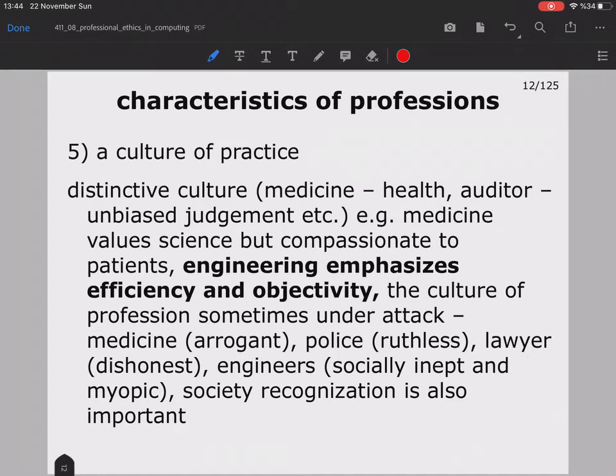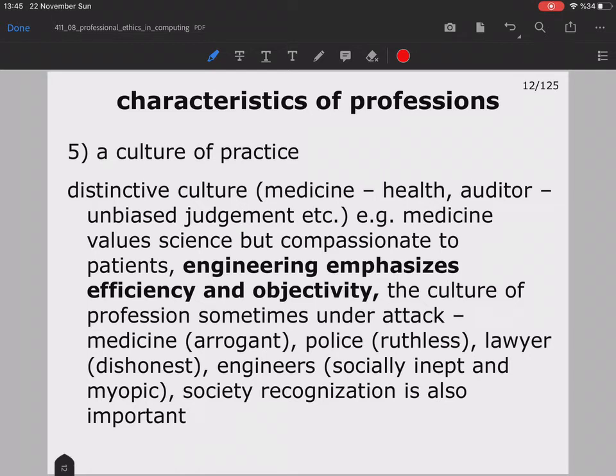For example, the people who work in medicine, they value science but are compassionate to patients as well. But when we take a look at engineering, it emphasizes efficiency and objectivity in any kind of project, whether it's a building construction or a software engineering project. We all emphasize efficiency and objectivity here.